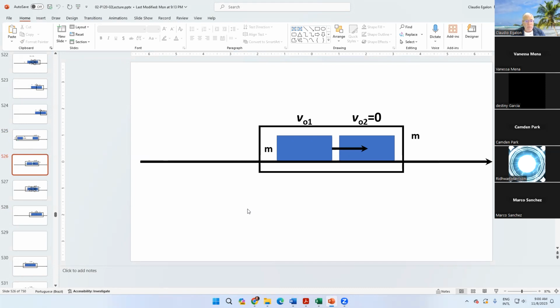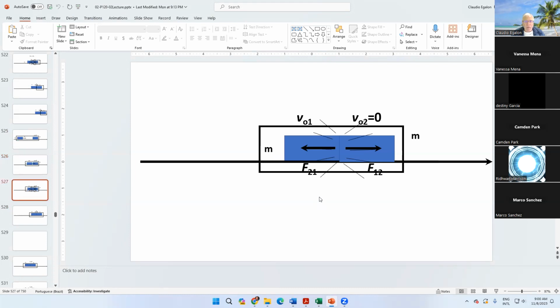And then what's going to happen? Don't forget, I'm using these two masses as my system. I'm treating these two masses as though it were a single one. It's a single mass that's stretched and compressed, but it is still a single object.